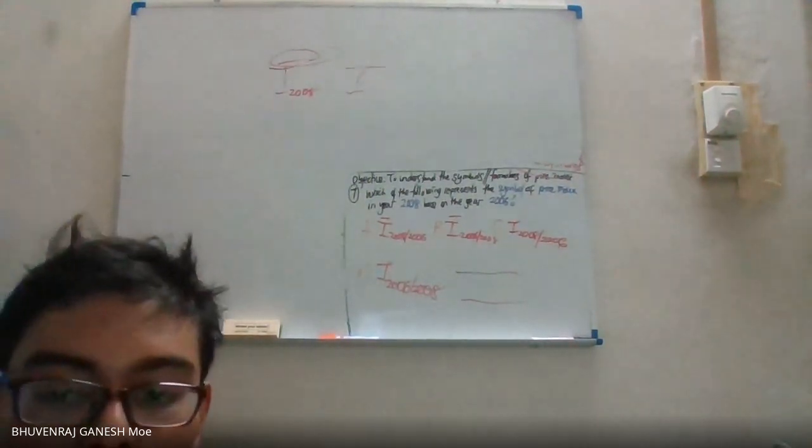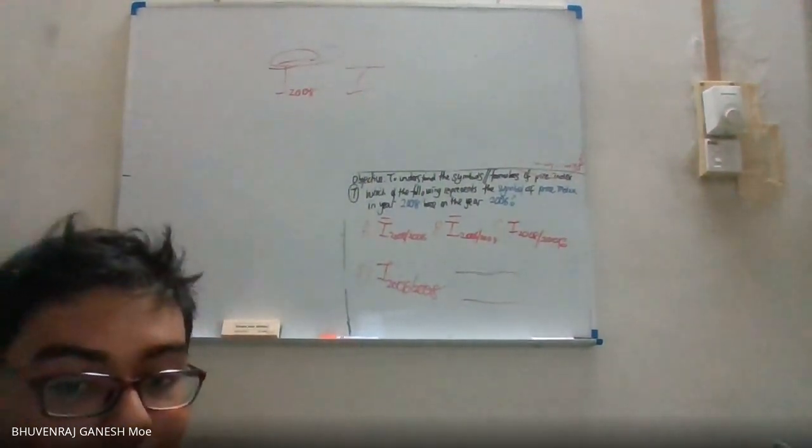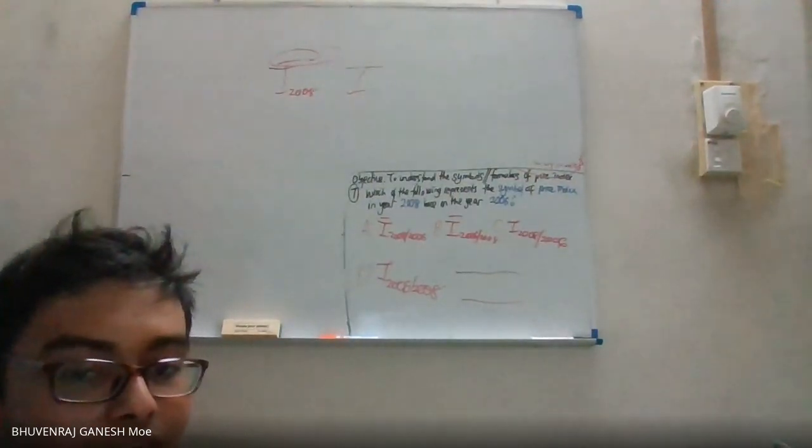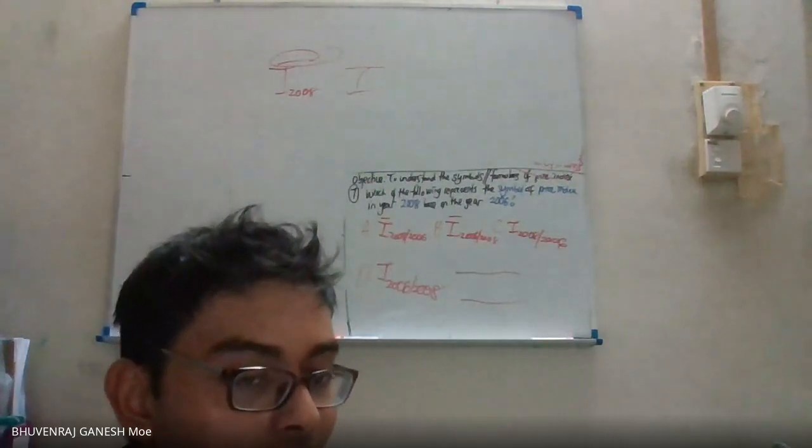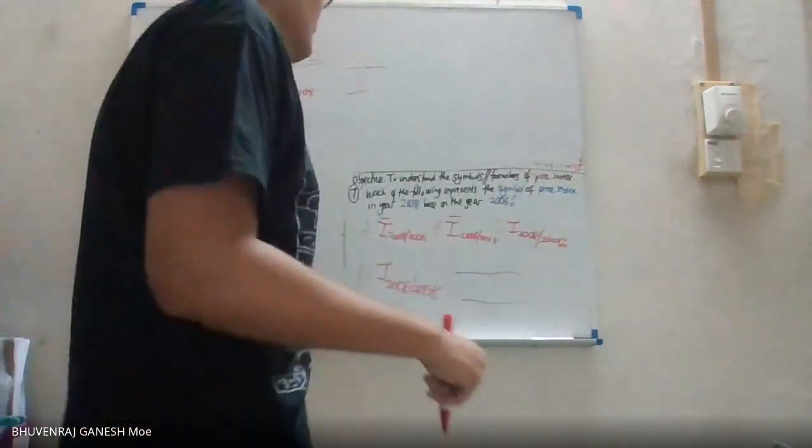Is it A? You choose A. C. Sure. A or C? I can't see. Okay, so let's say you choose A.